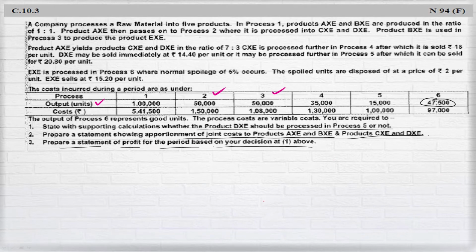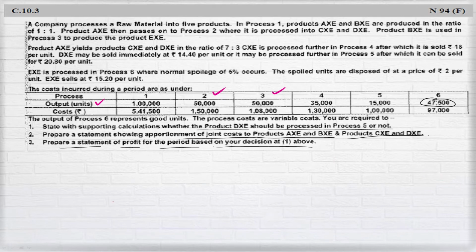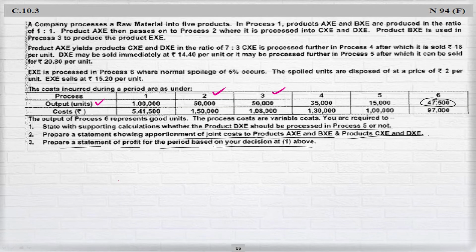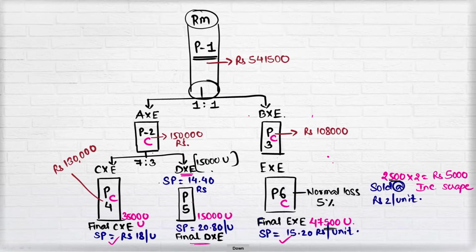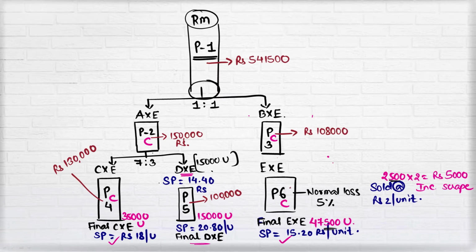Process 3 is costing 1,08,000 rupees. Process 4 is costing 1,30,000 rupees. Process 5 is costing 1 lakh. And process 6 is costing 97,000.